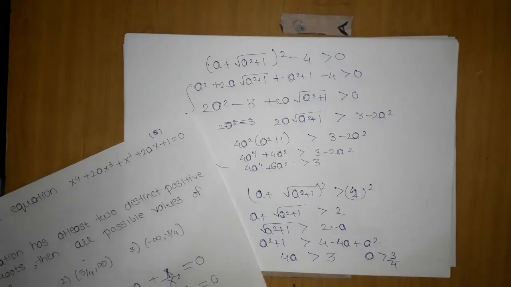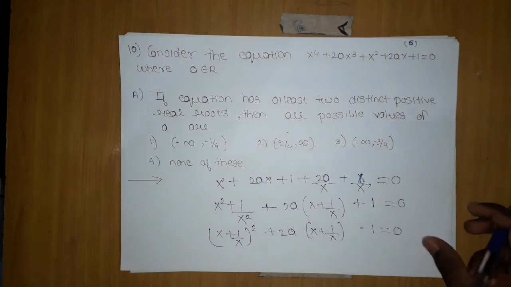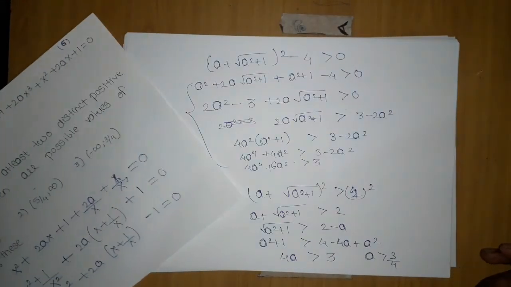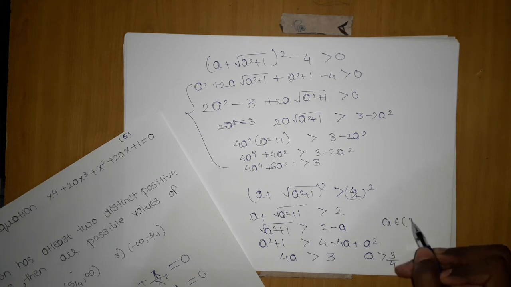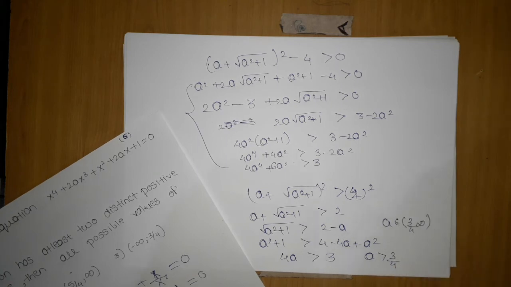A should be greater than 3 by 4, and the options are these. Let me check. We are getting a square minus 4 minus 4a plus 4a, so a is greater than 3 by 4, so a belongs to 3 by 4 to infinity. But all values which we are getting are positive, right?